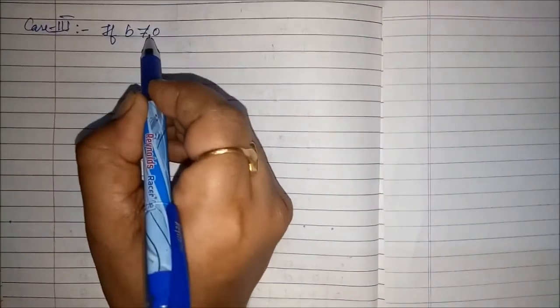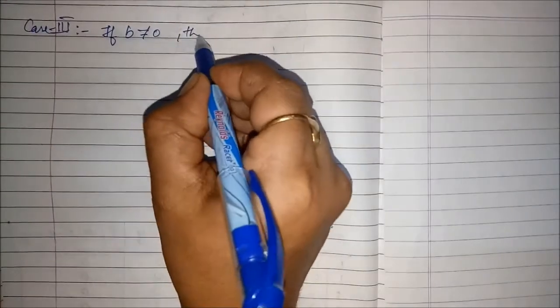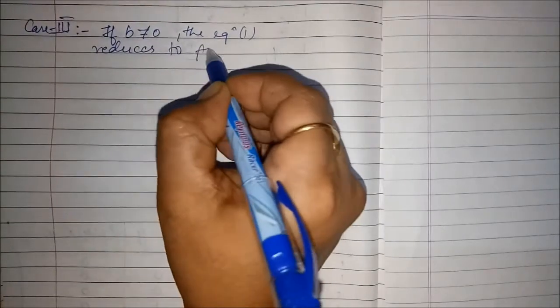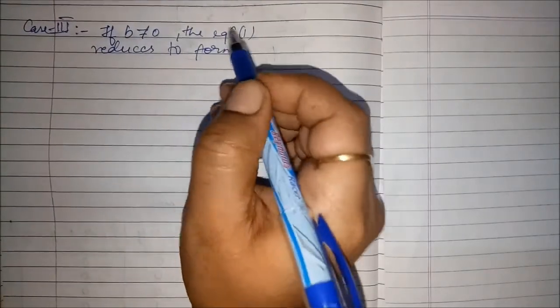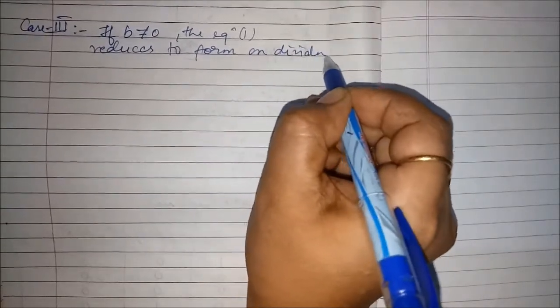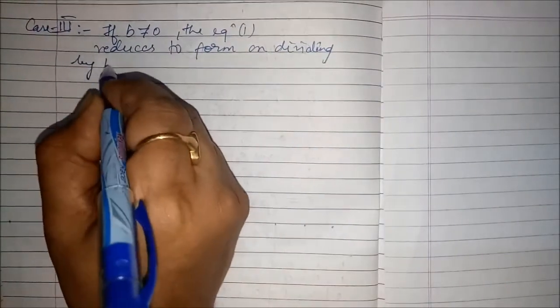Now consider the third case. In the third case, if b is not equal to 0, then our equation 1 reduces to the following form on dividing by b.